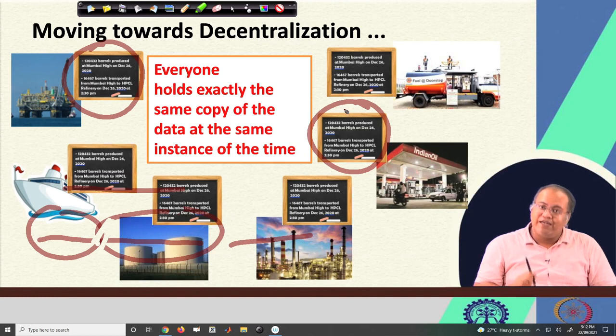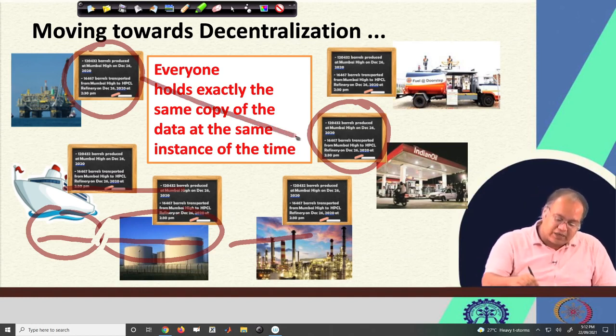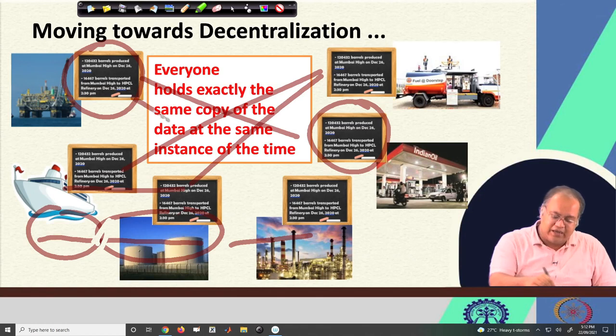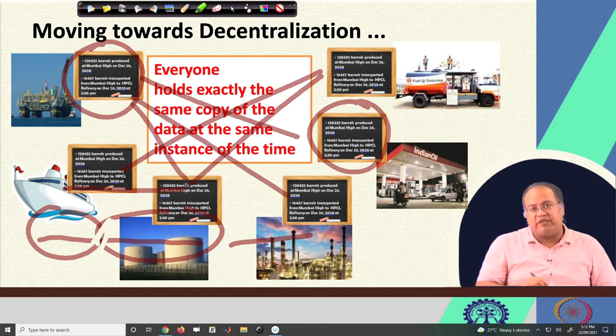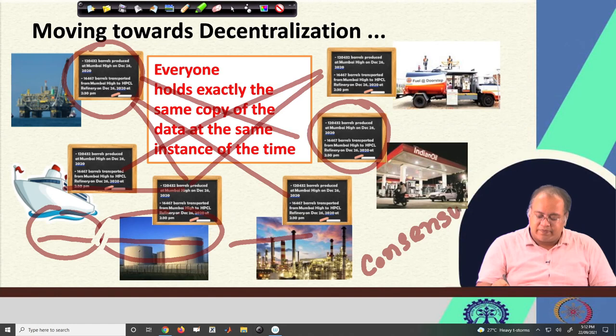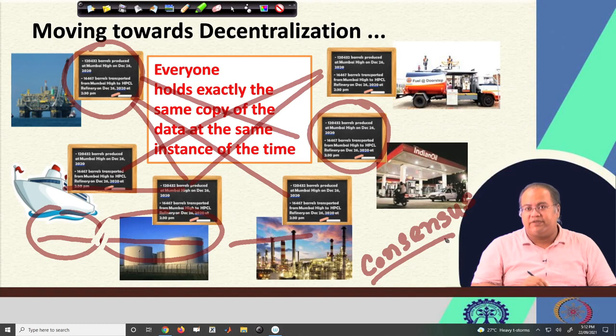This is the specific requirement I have. We will see that there is an interesting architecture in classical distributed systems literature through which we can solve this problem. This is called the distributed consensus problem. Later on we are going to see what consensus means.